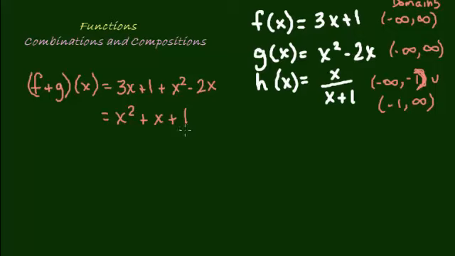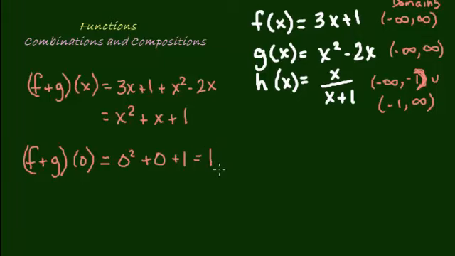Looking at the domain of this one, because they are going to ask you for the domain of each one, the domain to begin with was negative infinity to positive infinity, and the domain at the end is also negative infinity to positive infinity. Let's find f plus g of 0. What that means is to take your f plus g and plug in a 0 wherever there's an x. So I get 0 squared plus 0 plus 1. So f plus g of 0 is 1 in this case.